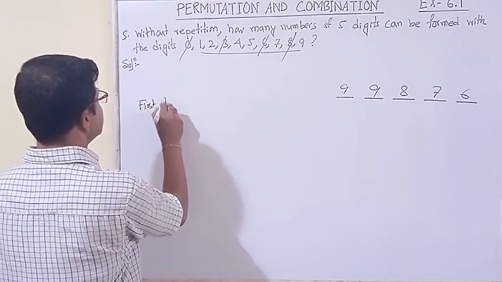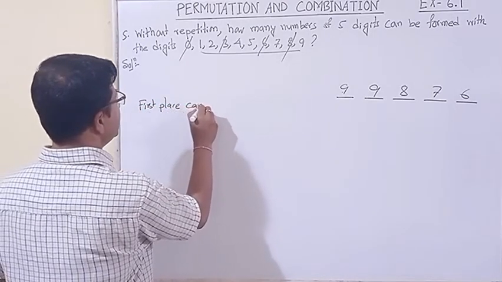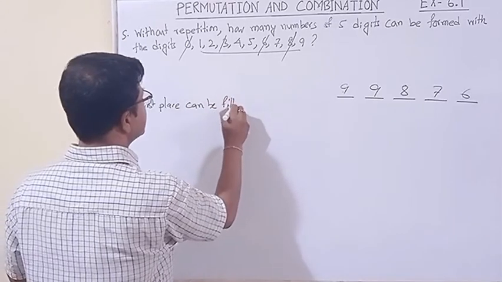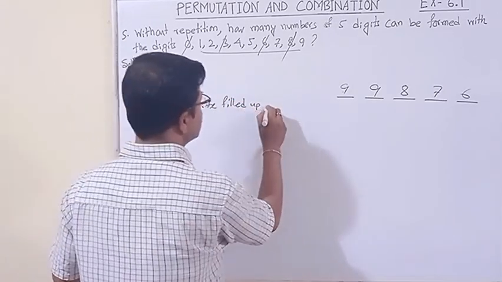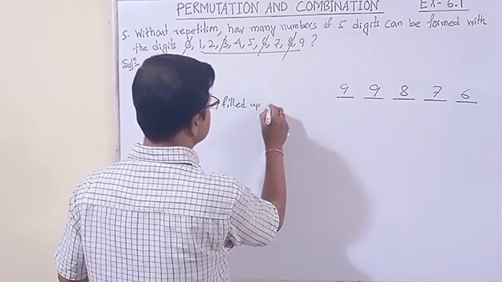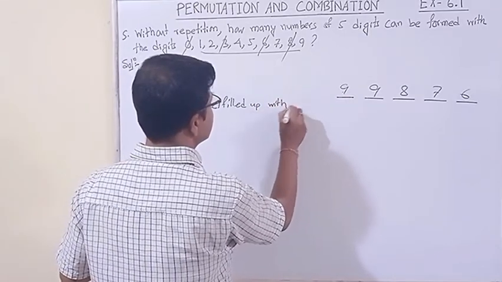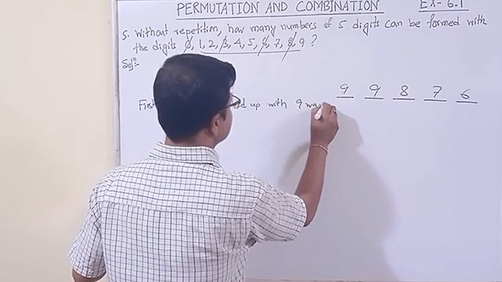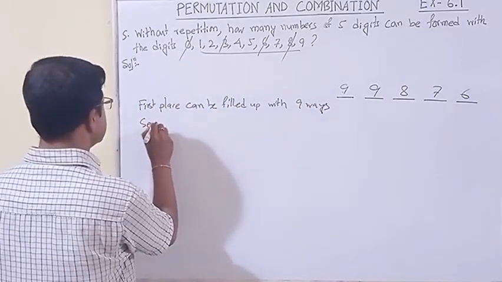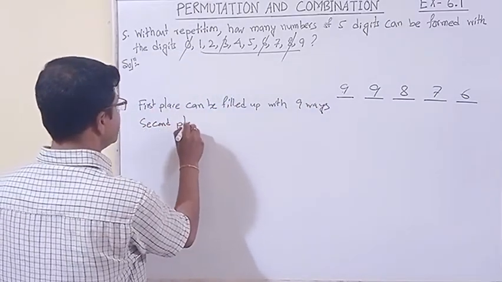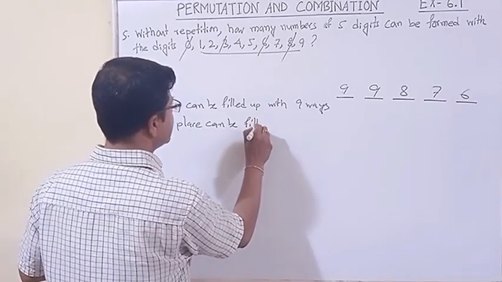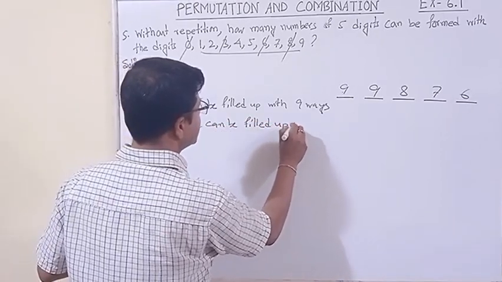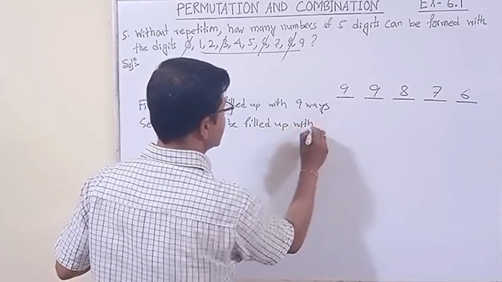First place can be filled up with how many ways? With 9 ways. Second place can be filled up with how many ways? 9 ways.